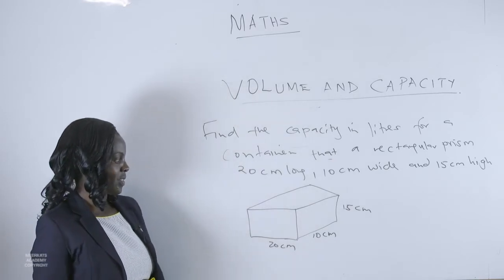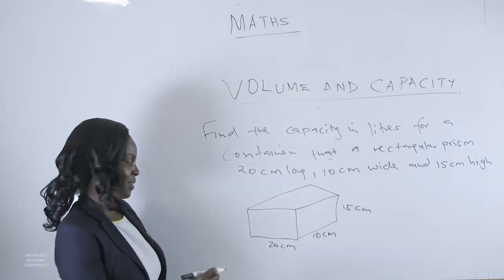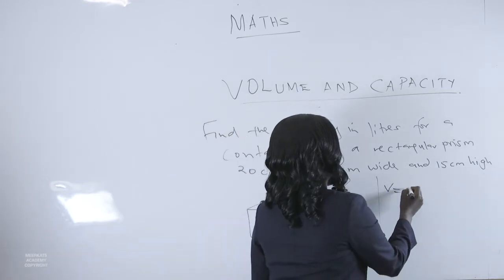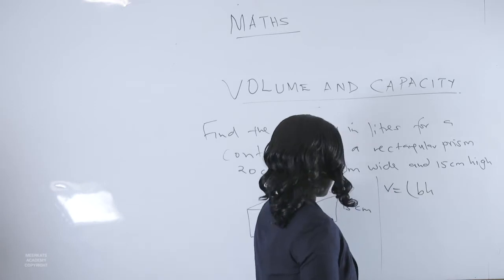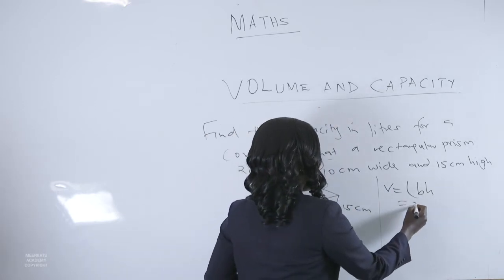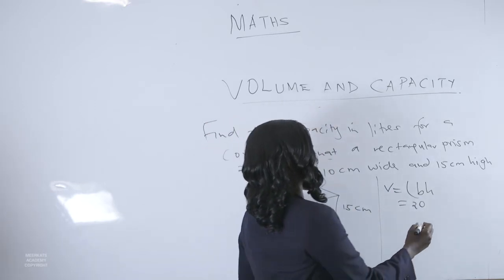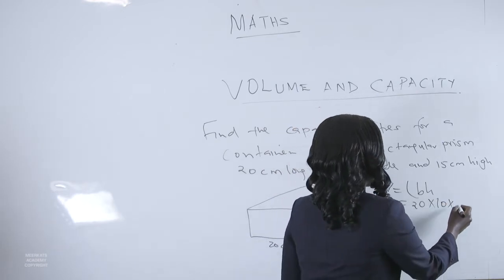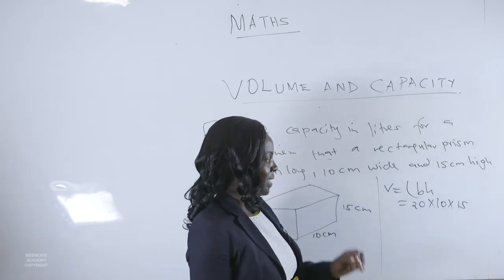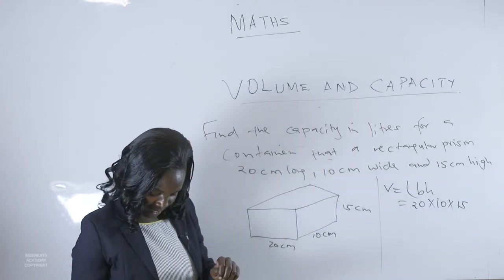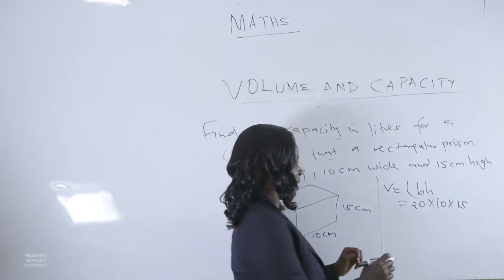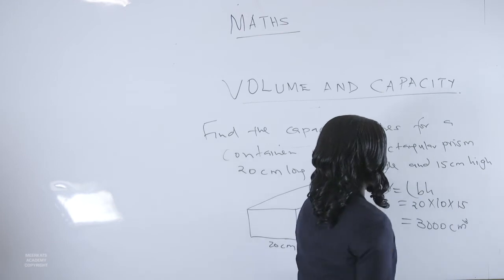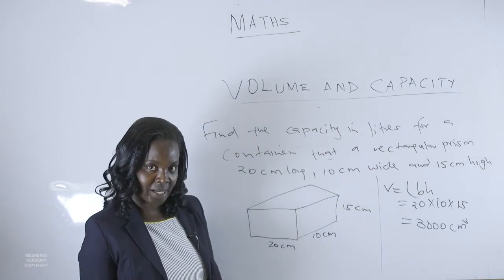Again, to calculate the volume of the rectangular prism, we say length times base times the height. So our length is 20, our base is 10, and our height is 15. We multiply 20 times 10 times 15, and that will give us 3,000 cubic centimeters.